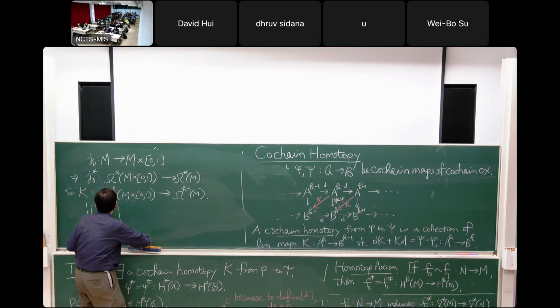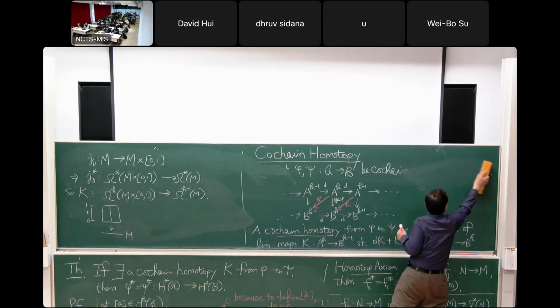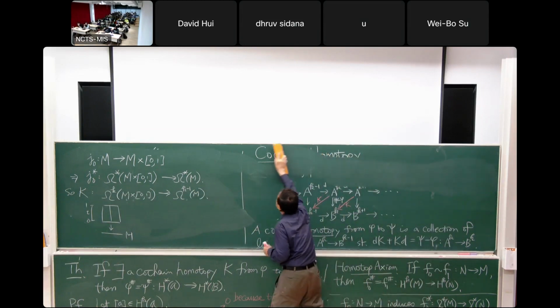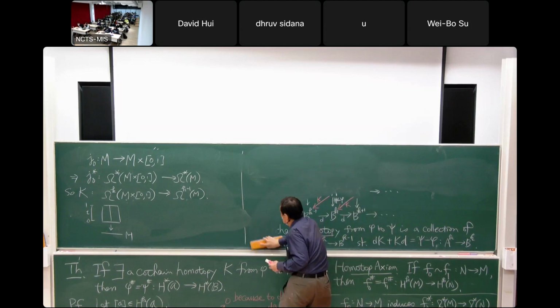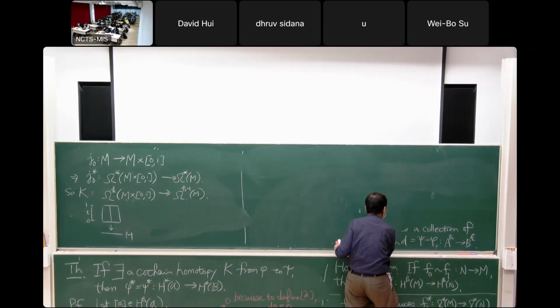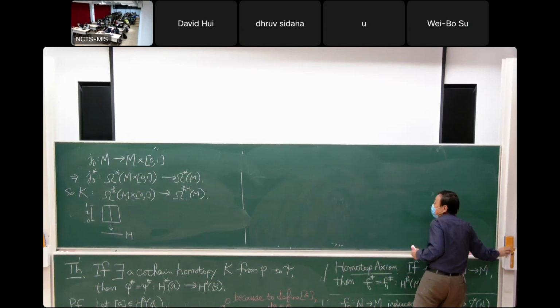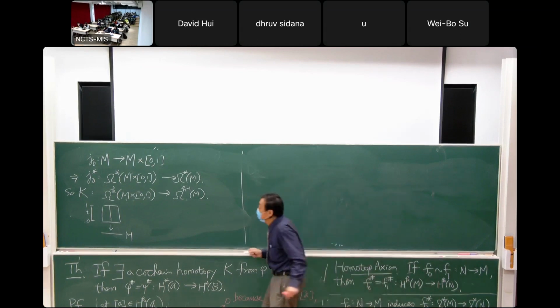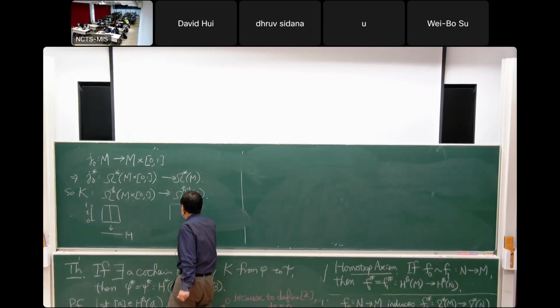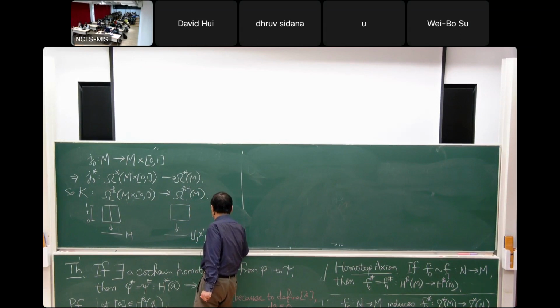So let's define integration along the fiber. We first do it for a chart, because on a chart you have coordinates. So let's say this is U, and the coordinates are x1 to xn.